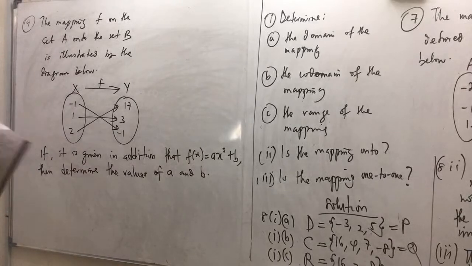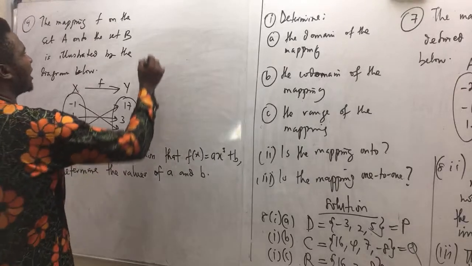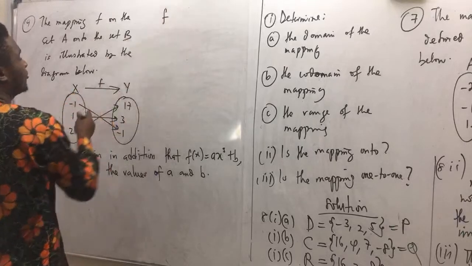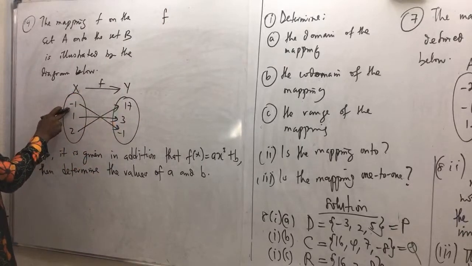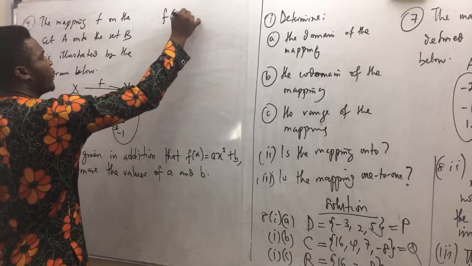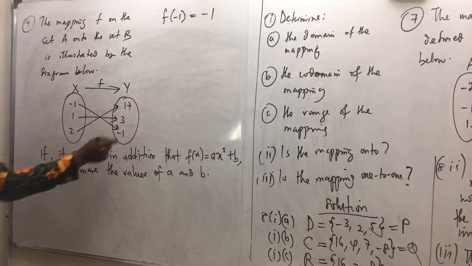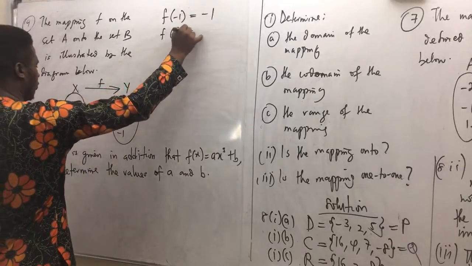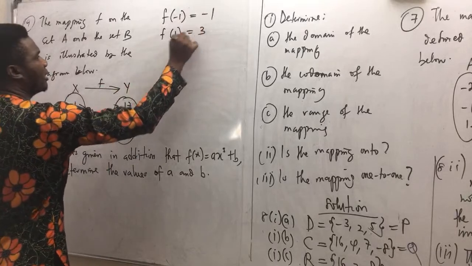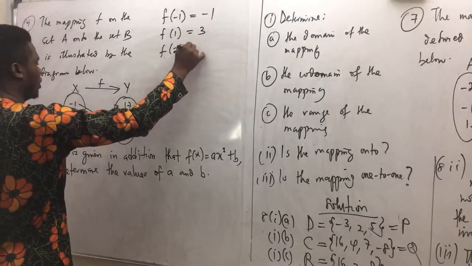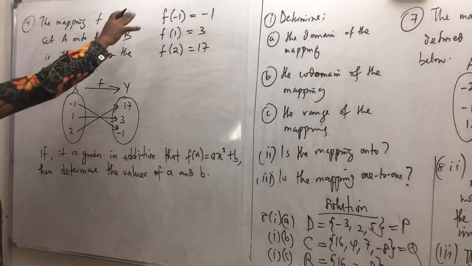So, how would you approach this question? It is simple. The question just has a little twist on what we have done earlier on. I would advise you do this. You just come to the mapping and take f of -1. F of -1 will give you -1. Okay? F of 1 will give you 3. And f of 2 will give you 17. So why are you bringing out these values?